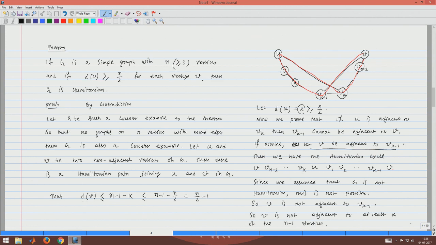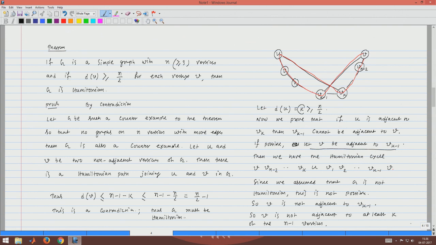Thus, what we got is that the degree of v is less than or equal to n by 2 minus 1. So, this is a contradiction. Thus, G must be Hamiltonian.